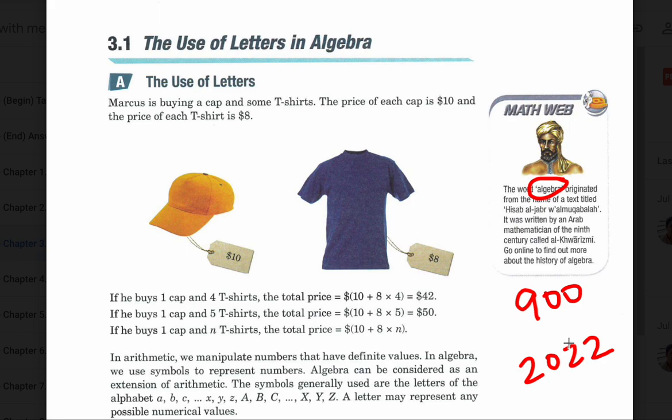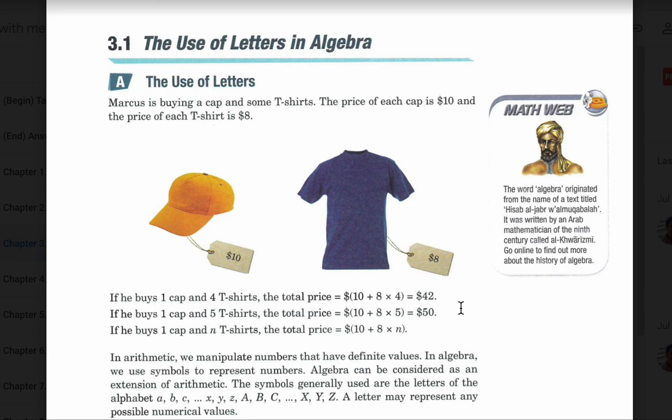That's how old algebra is. And the word algebra is a translation from the original word that means putting together different pieces. So it's kind of like you're putting a puzzle together.